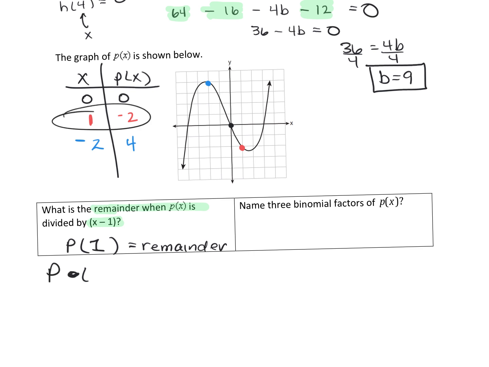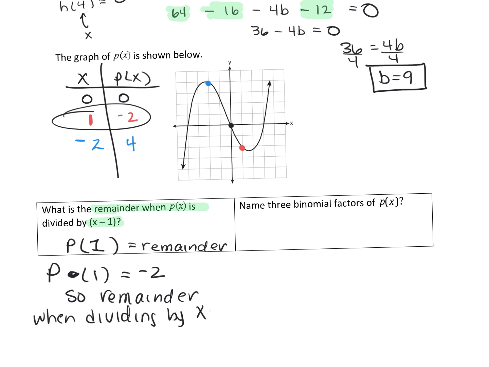It's right here. P of 1 is -2. So the remainder when dividing by x minus 1 is -2. This is kind of a mess here. I'm just fixing up what that looks like. P of 1.